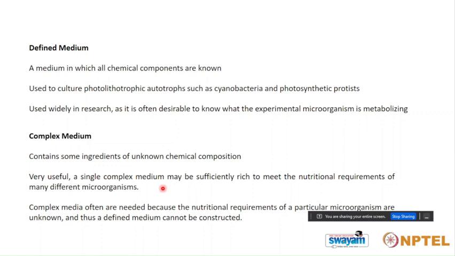We don't know the exact chemical composition of those entities, so we call them complex media. Basically these complex media are rich in nutrients and can be used for growing a variety of microorganisms.